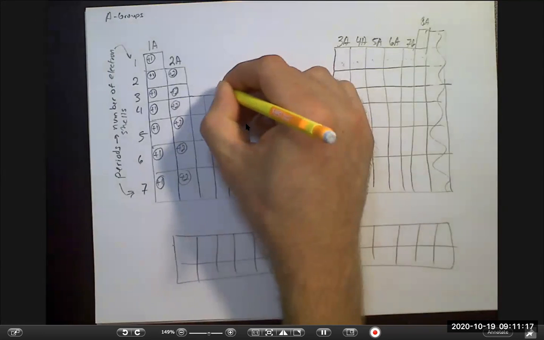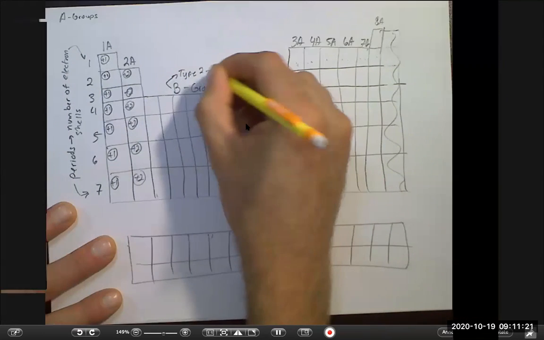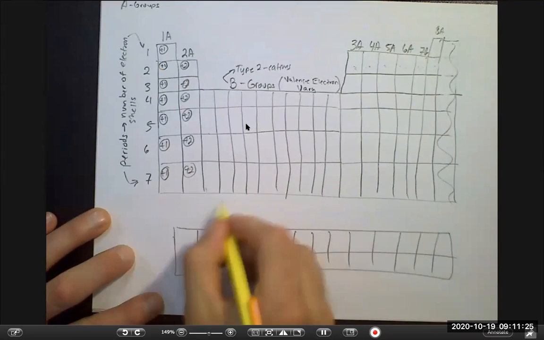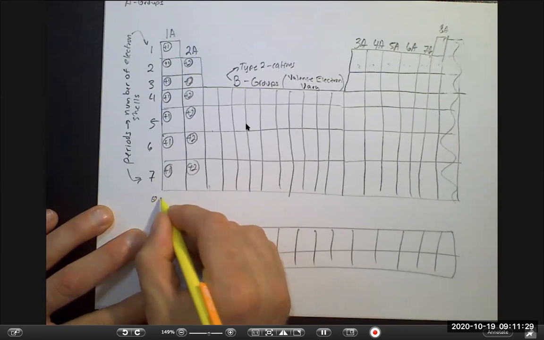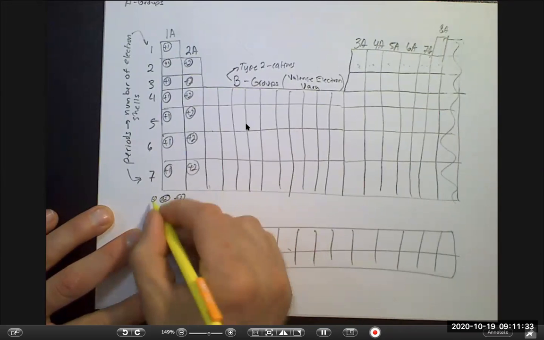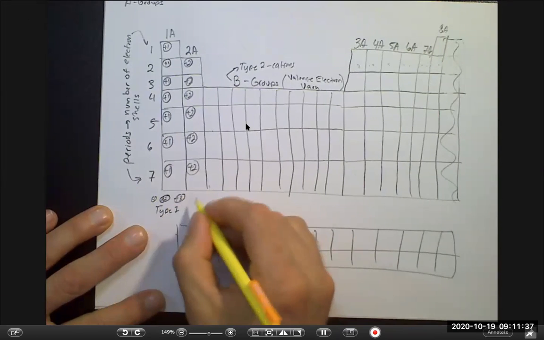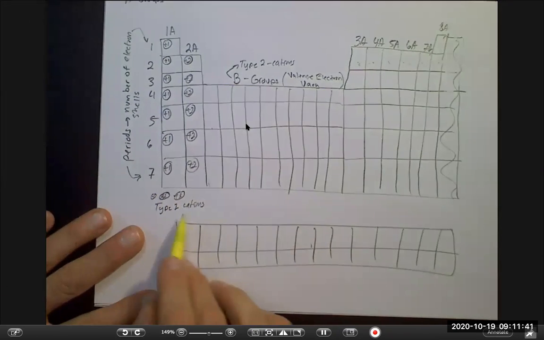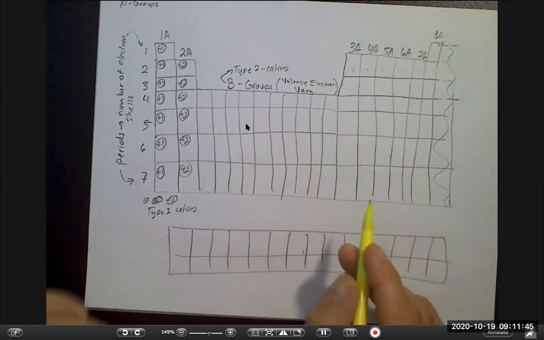So remember, the B groups are your type 2 cations, and the ones you put little numbers in, your +1, your +2, and your +3, are your type 1 cations. If you're doing this on your own, that is what you want to write in there.